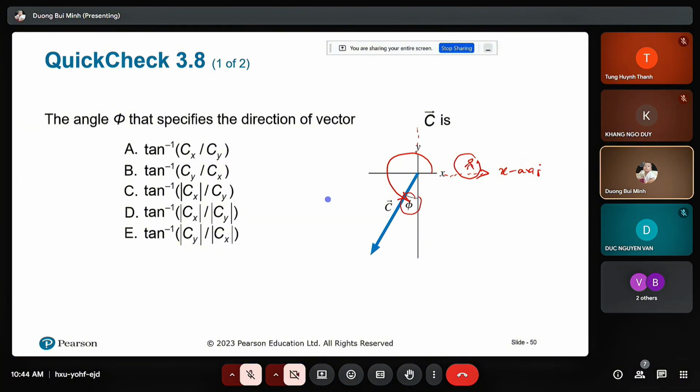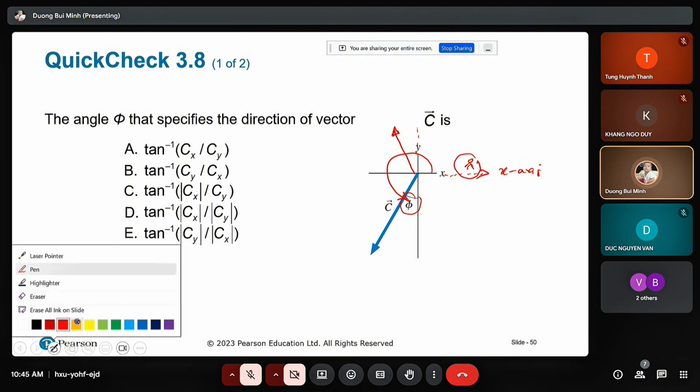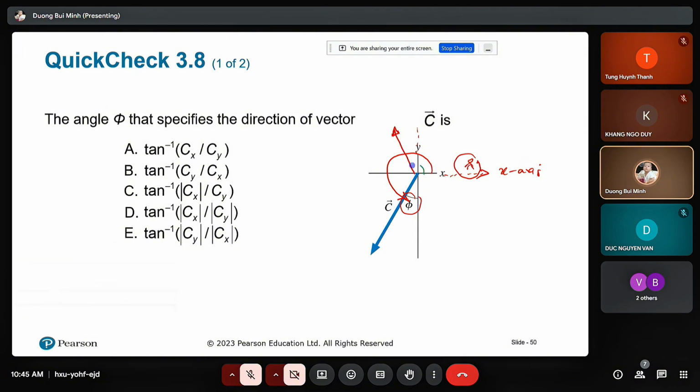So if we have another vector here, you can guess the phase angle will be like this. You stay here, you get the phase angle.